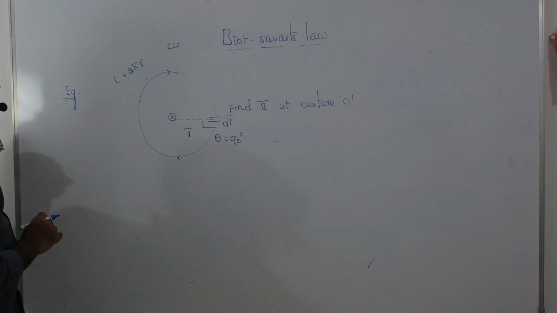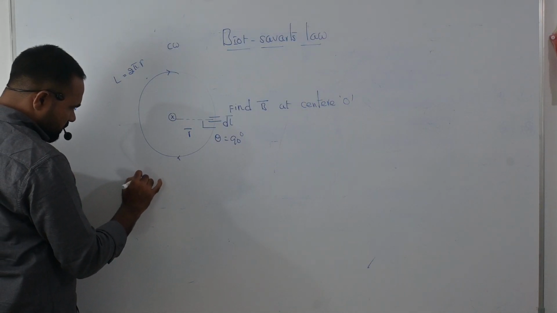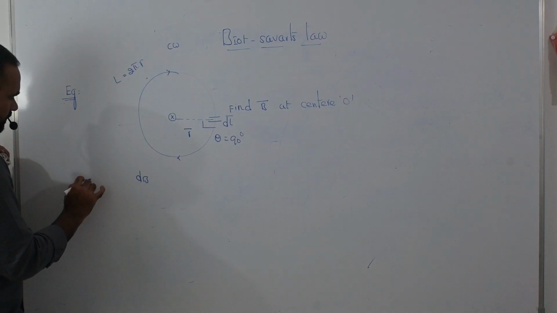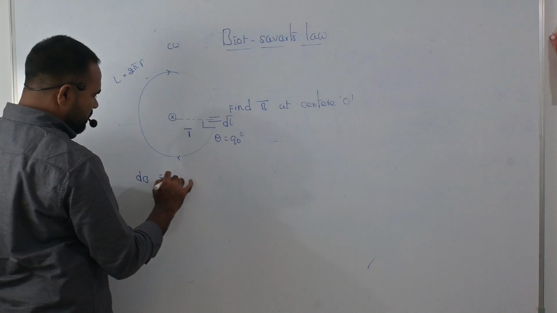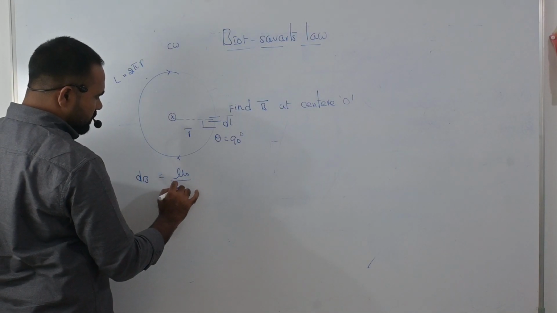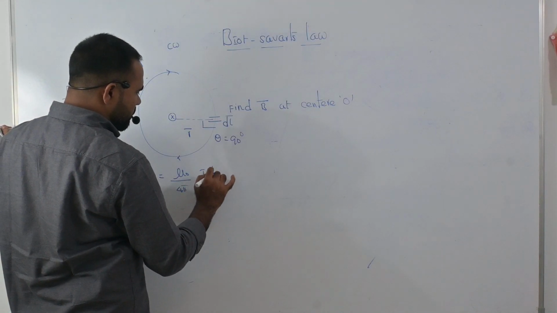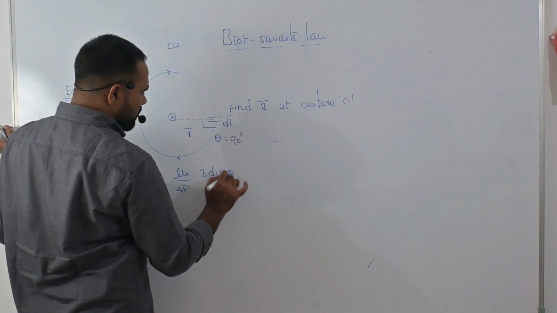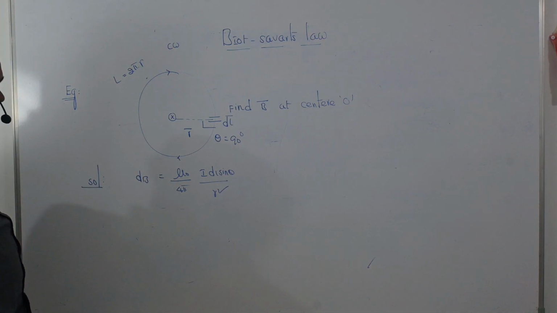Now I want to find the magnetic field at the center by using Biot-Savart law. So what is the Biot-Savart law? dB is equal to mu naught by 4 pi, I dl sin theta by r square.